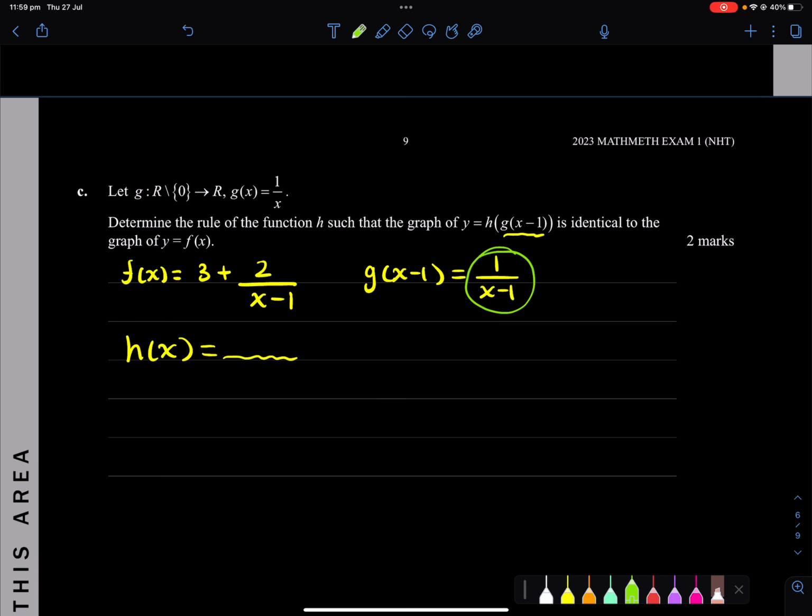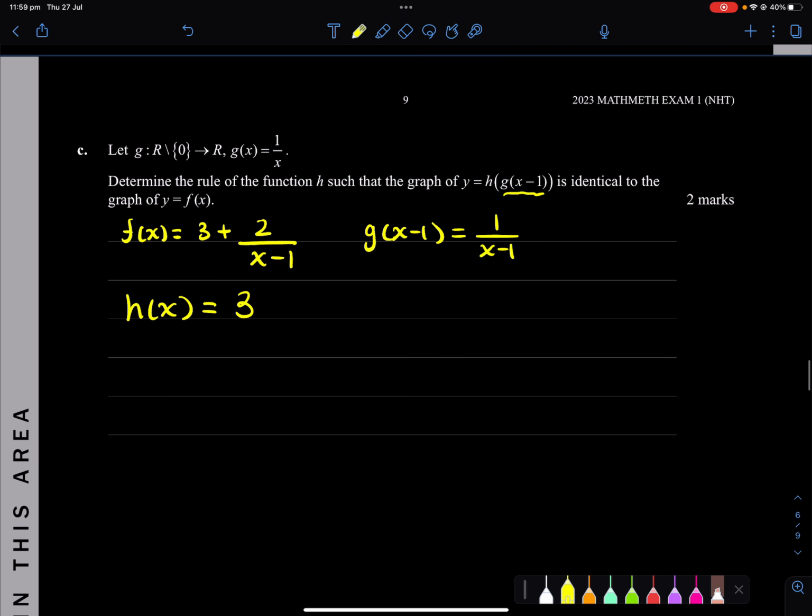So let's try to do something that could give us h of x. Let's say h of x equals plus 3. No, it doesn't look good.